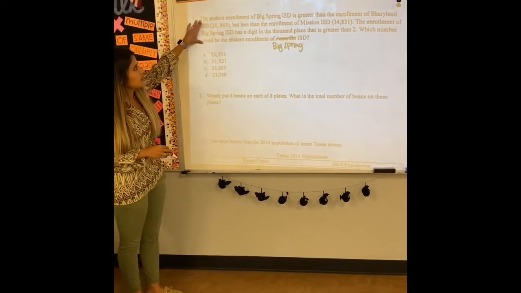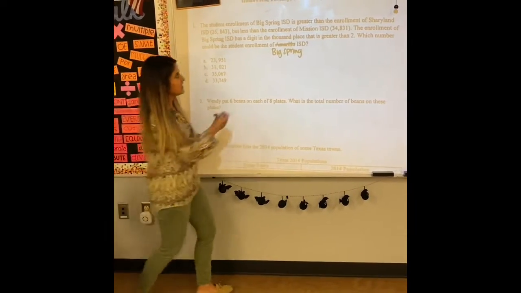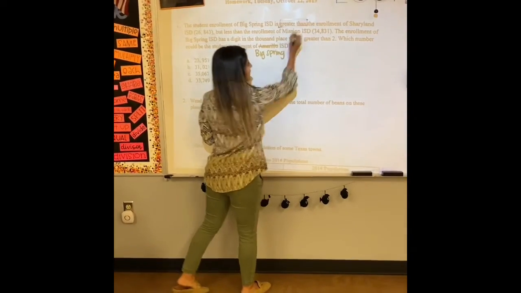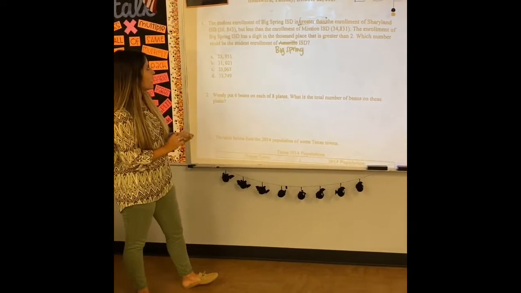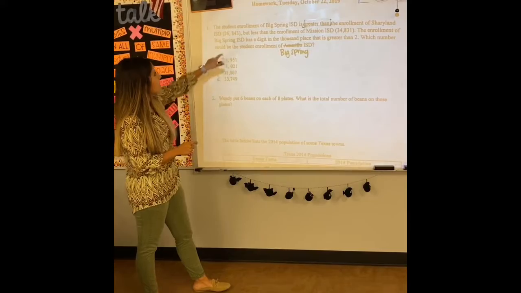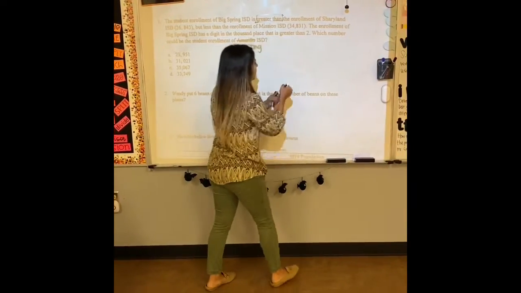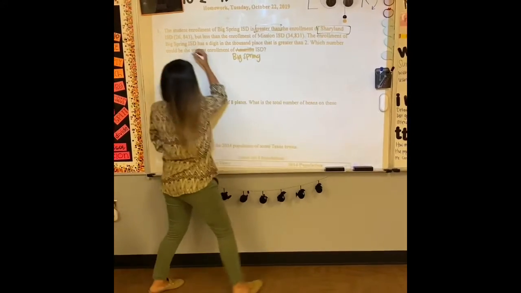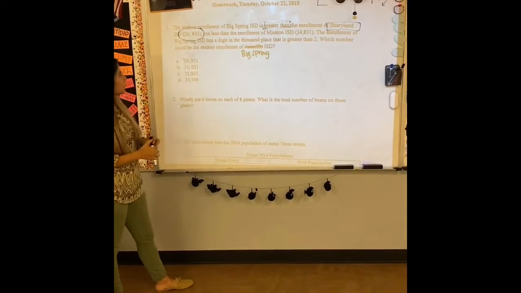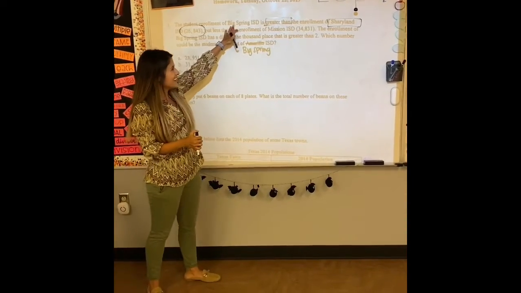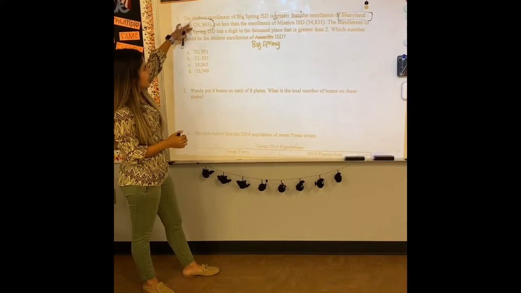We have the student enrollment of Big Spring ISD greater than, bigger than the enrollment of Sharyland ISD that has an enrollment of 26,843. So we know Sharyland has 26,843. We know Big Spring ISD is greater than that.